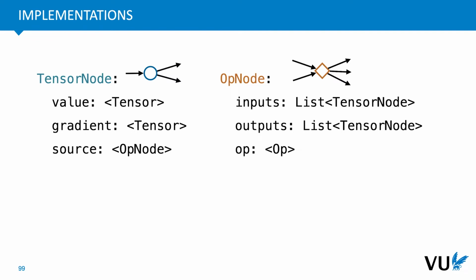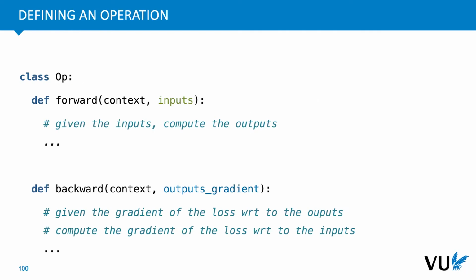An op node represents an instance of a particular operation being applied in the computation. It stores the particular op being used, something like multiplication or addition, and the inputs to the op and the outputs to the op. The third class that we need is the one that defines an actual operation. Specifically, a class that tells us, given some inputs, how to compute the outputs.